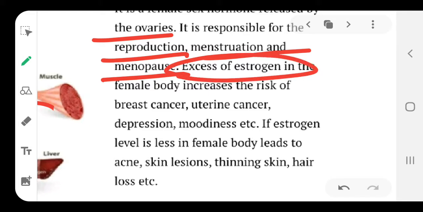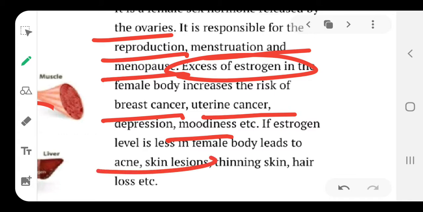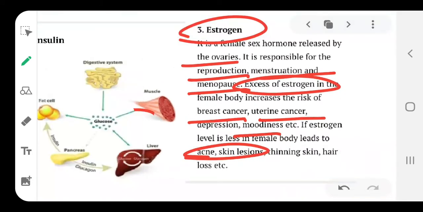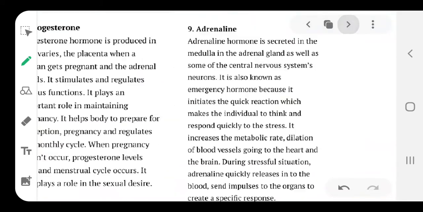So excess of estrogen in the body increases the risk of breast cancer, then uterine cancer, it can also fluctuate the mood, and if the level is less in the body, it can lead to acne or skin lesions. So there are a lot of problems if the production is not as per the required quantity.